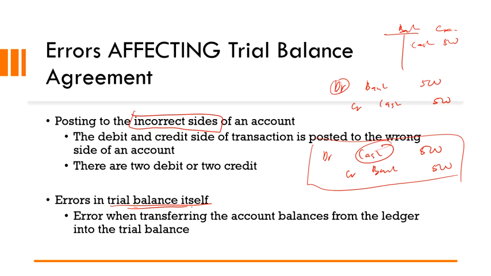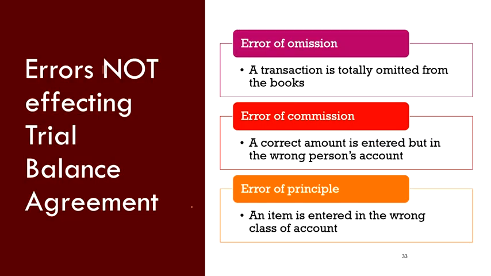Okay, so now let's take a look at the errors not affecting trial balance agreement, which means your total debit is equal to total credit, not affecting. Okay, so you feel it is correct, but actually the trial balance is wrong. Why is this happening? Because of error of omission.